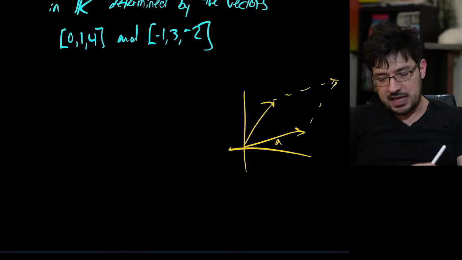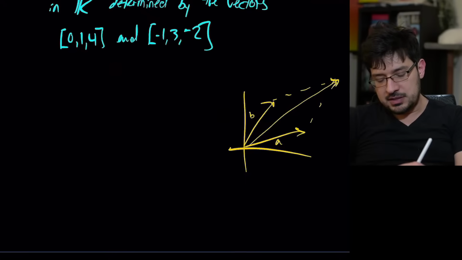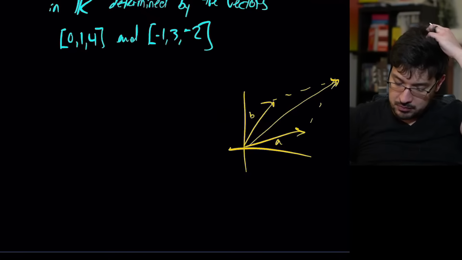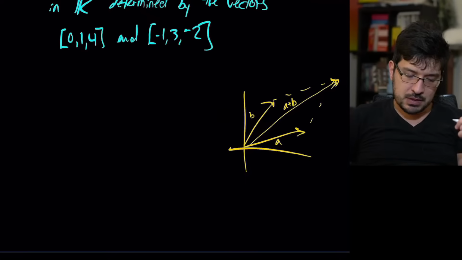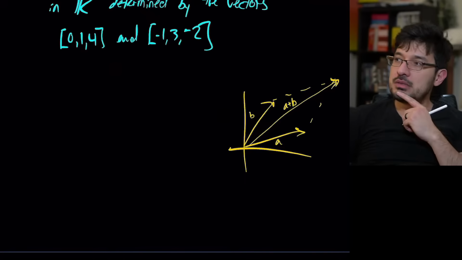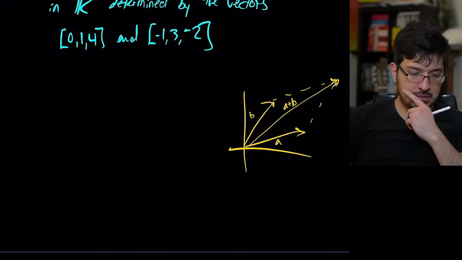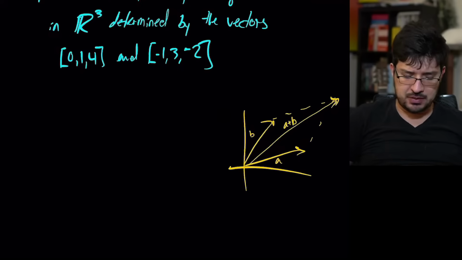If you have two vectors, A and B, they form a parallelogram with this other vector, A plus B. So how can I see this as a parallelogram if it's in three-dimensional space?